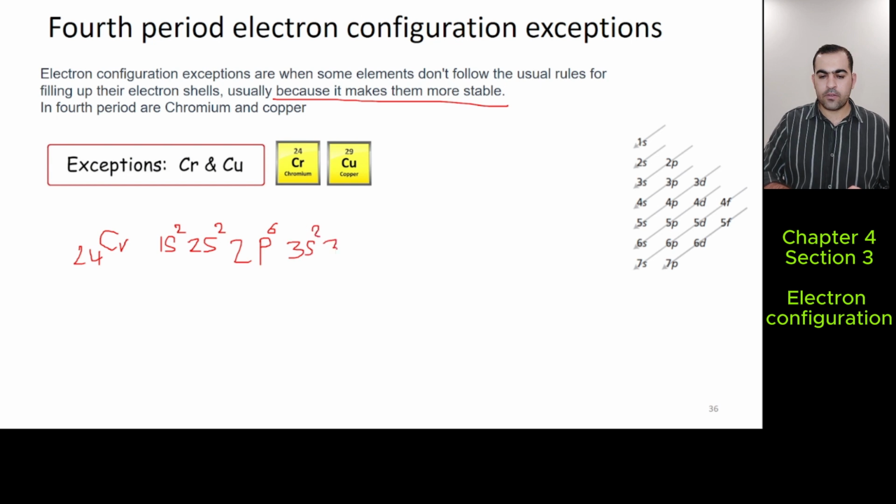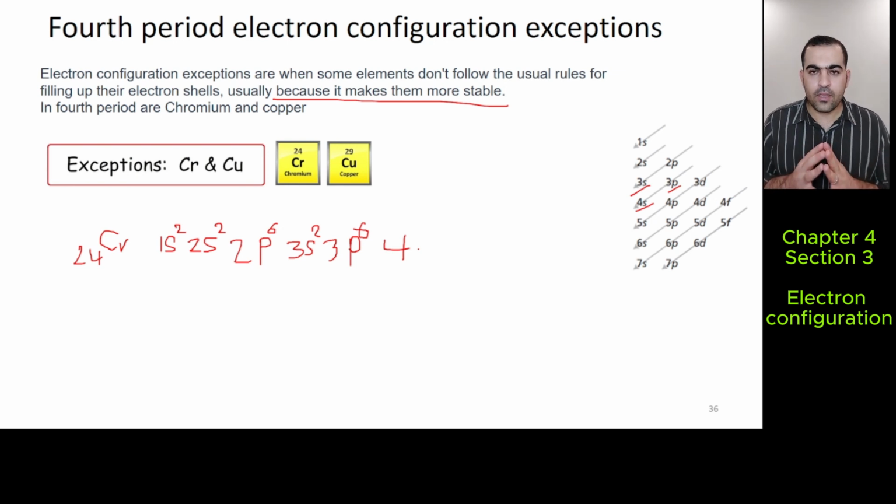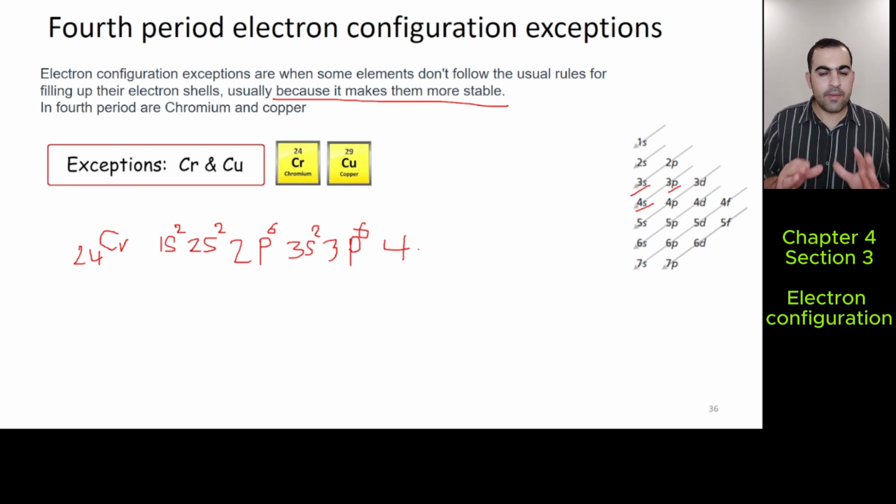After 3s, 3p6. What comes next? 4s. If I fill the orbitals of chromium by the rules, I fill 4s with 2 electrons, then 3d4.